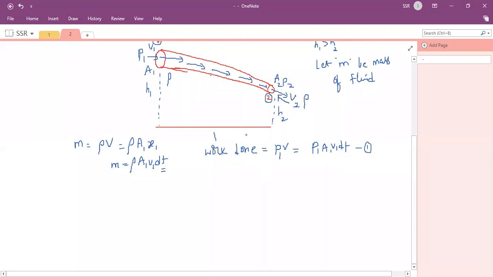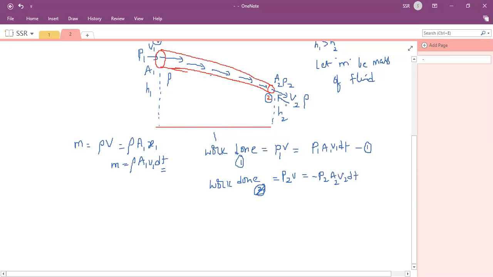Here the work is positive because force and displacement are along the same direction. Pressure and fluid flow are in the same direction. This is at point 1. Then the work done on the fluid at point 2 is P2 into V, that is P2 A2 v2 dt, and that will come negative.